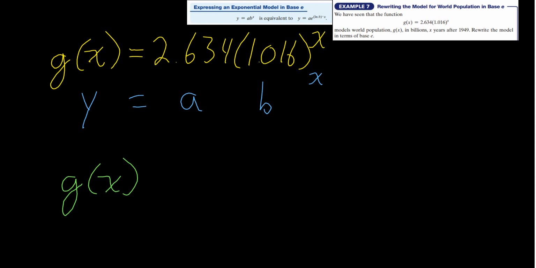The A is still the same, but we're multiplying A times E, and we're raising it to the natural log of my B, which is 1.016, and then times x. And that's it. That's example 7. That is rewriting an exponential model in base E. And that concludes today's lecture.